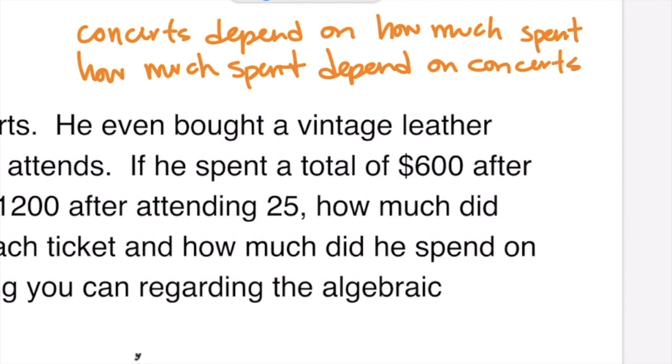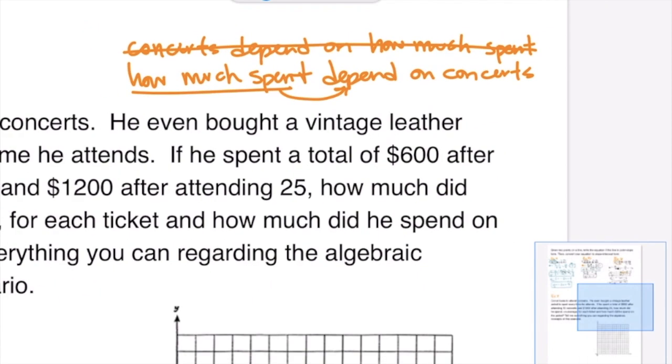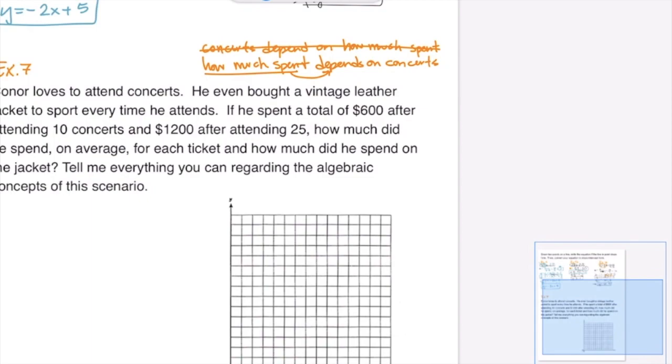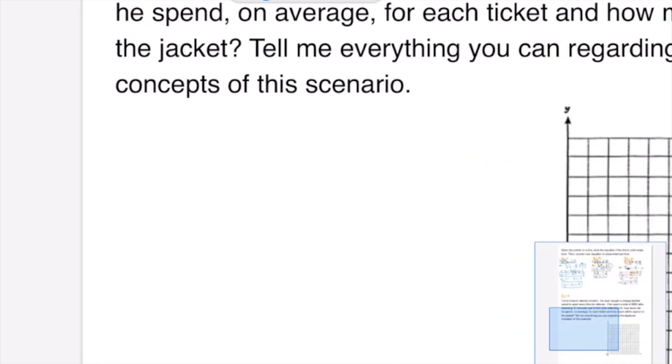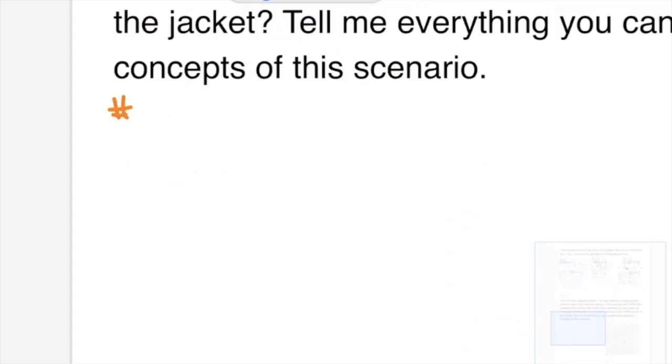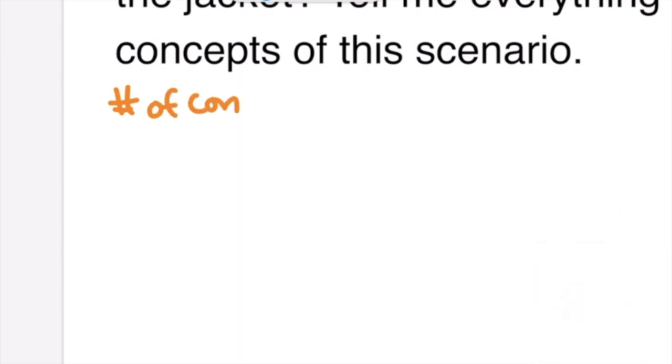Hopefully you thought that first one didn't really make a whole lot of sense. So notice here, how much spent depends. So that means that the amount of money he spends is our dependent variable, and the number of concerts is our independent variable.